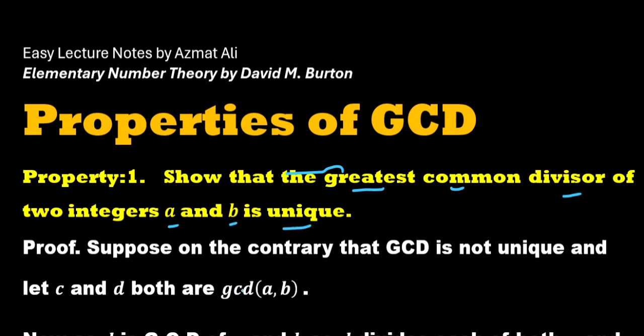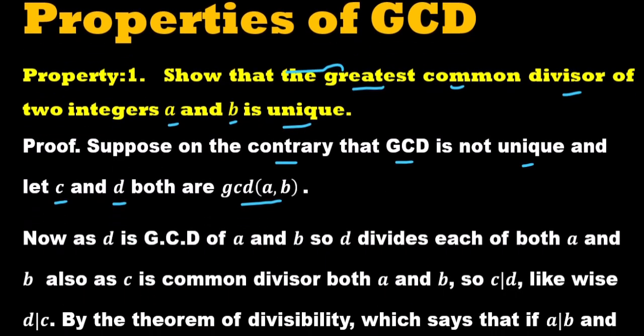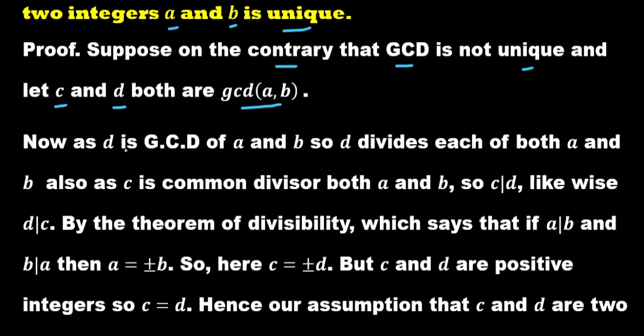To prove the uniqueness, we suppose on the contrary that GCD is not unique, and let C and D both are the GCD of A and B. Firstly, we consider D as a GCD. Now, as D is a GCD of A and B, so by definition of GCD, D must divide each of integer A and B.